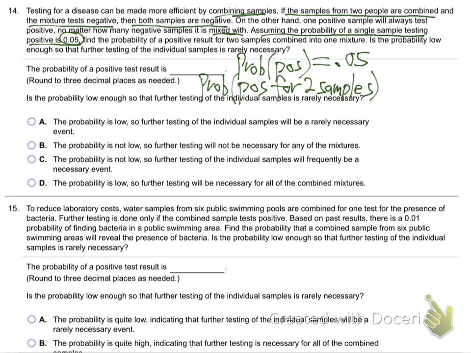That's what they're asking, right? Find the probability of a positive result for 2 samples combined into 1 mixture. So if you take the 2 that each have a 5% chance of being positive, you pour them into the same mixture, and you test it, what's the probability you're going to get a positive result for the mix of 2 samples?